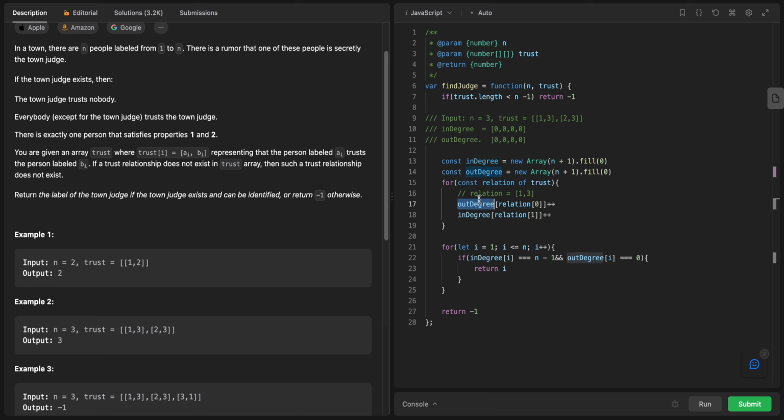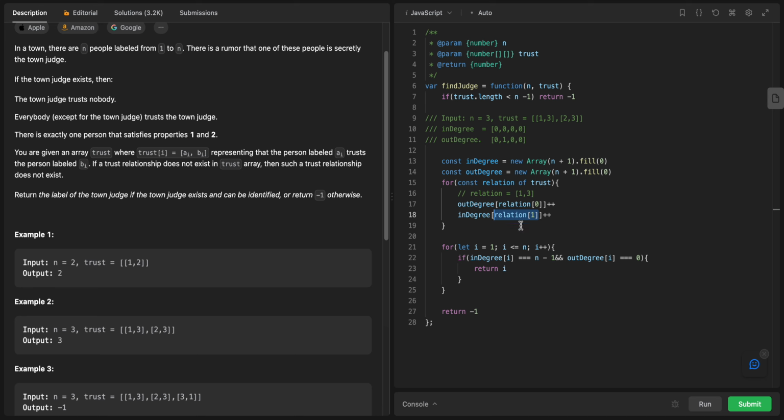So I'm saying that 1 trusts 3, so I will save 1 in the out degree. So the index of relation of 0 will equal 1, so this one will be plus plus. So the out degree of the index of 1 will be increased by 1, okay. And the in degree of relation 1, what is relation 1?